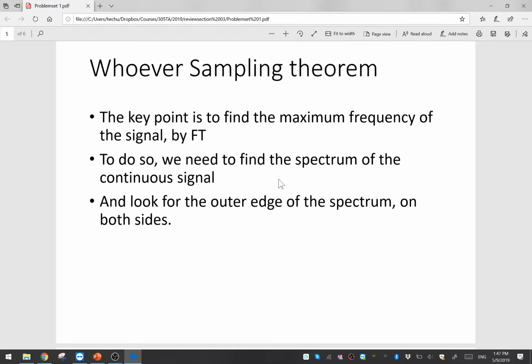So I want to find omega max to be the maximum value of the absolute value of omega 1 and the absolute value of omega 2. See which side is longer, and take the longer one.